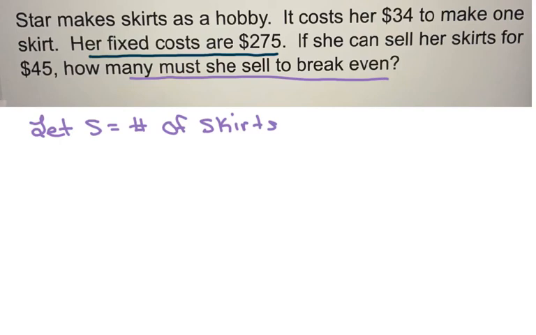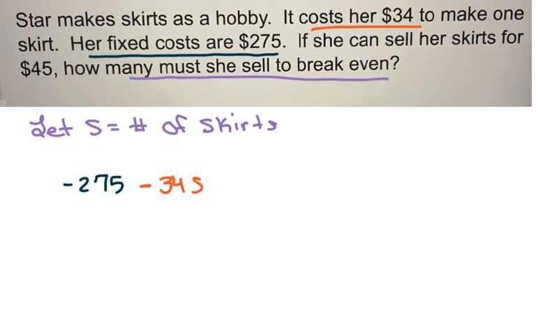All right, so to set this up, we have $275. She's paying that, so that's a negative. So we would say negative $275. It costs her, so we've got another cost here, $34 to make one skirt. So this is, again, another negative thing. So $34, we're talking about skirts.